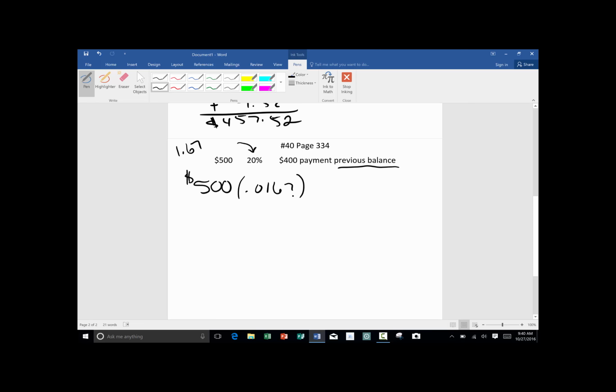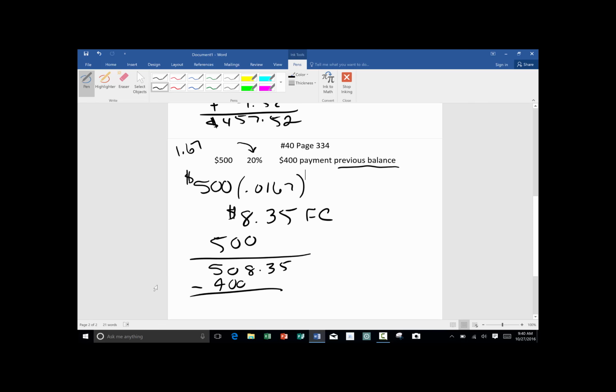So 500 times 0.0167 comes out to $8.35. So we're going to add the $500 to the $8.35, because that's your finance charge. And you're also going to take a payment.